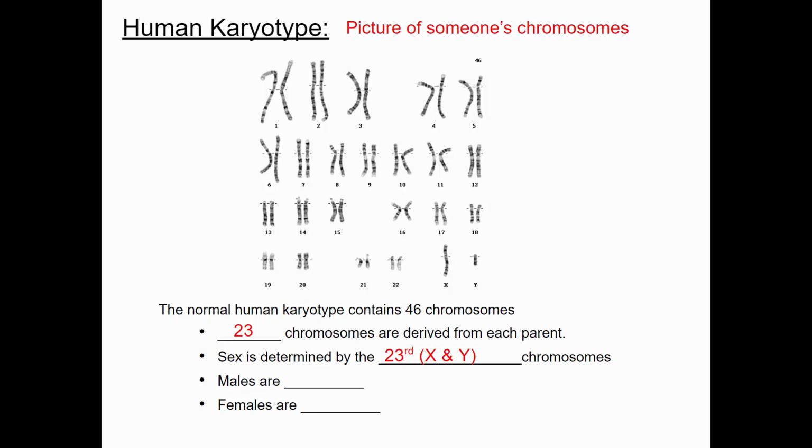It's a special pair of chromosomes. Usually on a karyotype, they're the 23rd set. And there's 2 possible sex chromosomes that a human can get. There's an X chromosome and there's a Y chromosome. So the combination of those sex chromosomes is what determines an individual's sex.